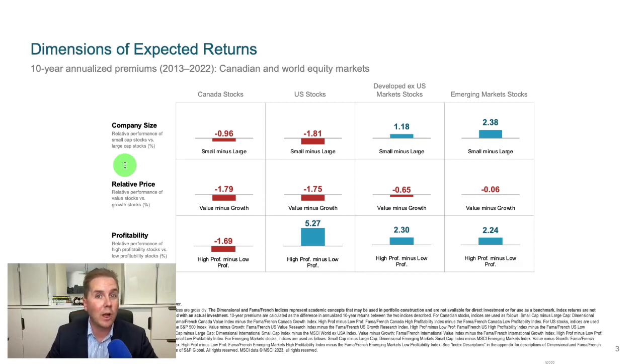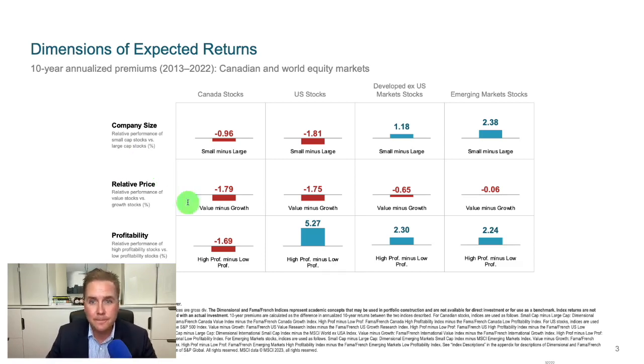So that's another reason why we want to consider diversifying towards these other sources of risk, smaller company stocks, relatively cheaper stocks, and more profitable stocks, because any one factor can go through periods where it underperforms. So we want to make sure that we own factors for the periods of time where certain other factors underperform. We want to have other factors that are potentially holding water and performing, so that it smooths out our experience through time.